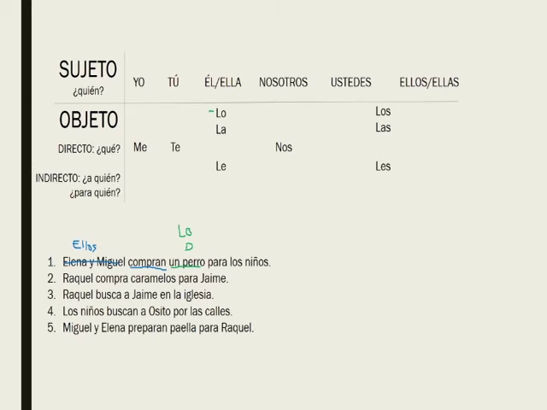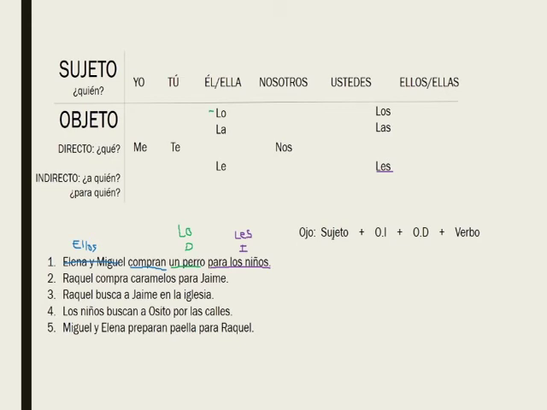Para los niños. For whom? For the kids. Indirect object. We have two objects here. The indirect object pronoun for plural would be les. Now remember your order here.